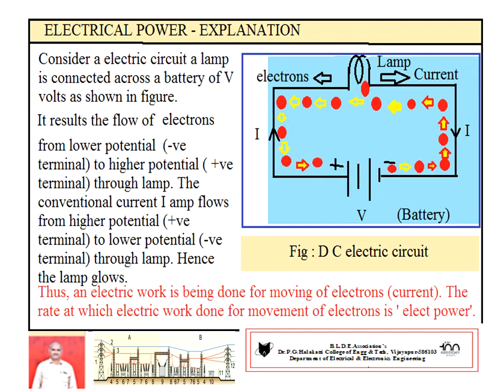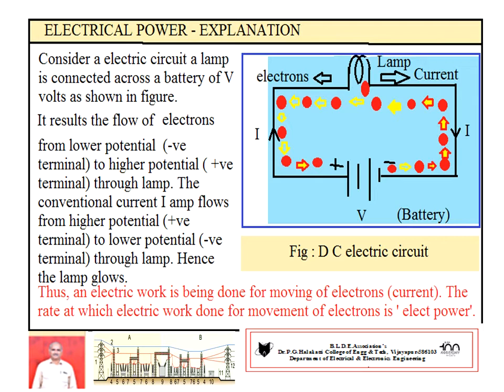In the opposite way, the conventional current will flow, that is from higher potential to lower potential through the lamp, that is from the positive terminal of the battery to the lamp and from the lamp to the negative terminal. Hence, it results in a closed electric circuit. The lamp is on. We are getting the brightness, or if any load is connected, that is functioning.